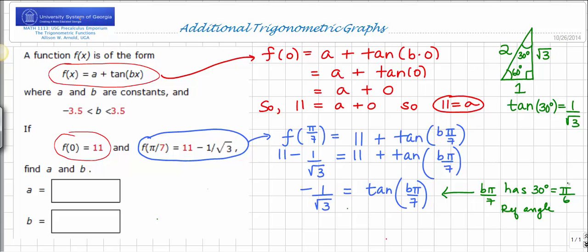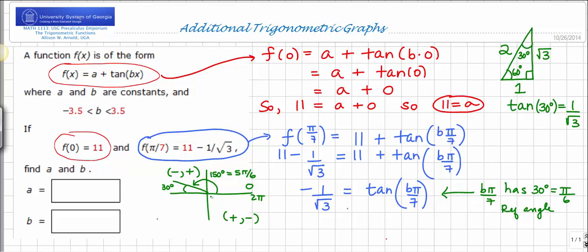Now, tangent is negative in quadrant 2 and again in quadrant 4. If tangent's negative in quadrant 2 and we have a pi over 6 reference angle or 30 degrees, that's 150 degrees or 5 times 30 or 5 pi over 6.